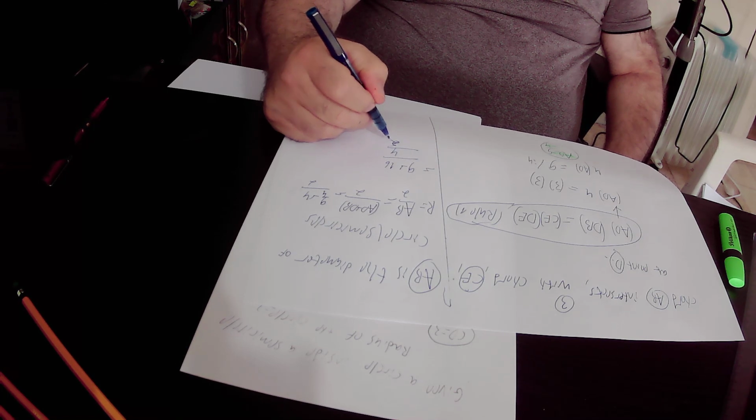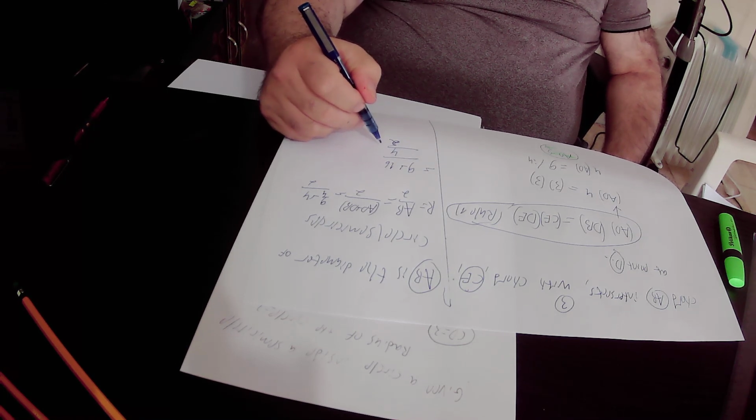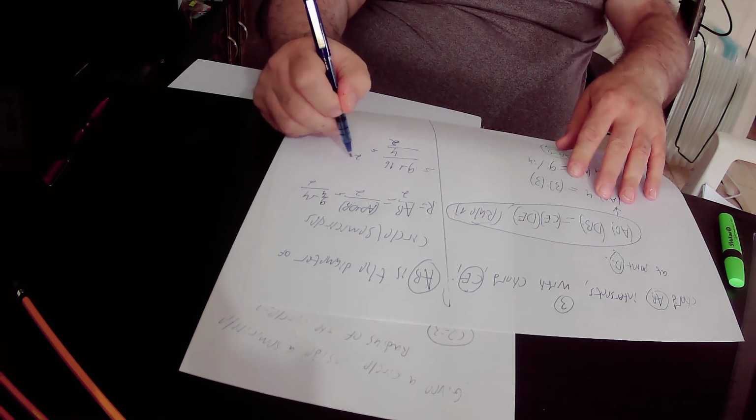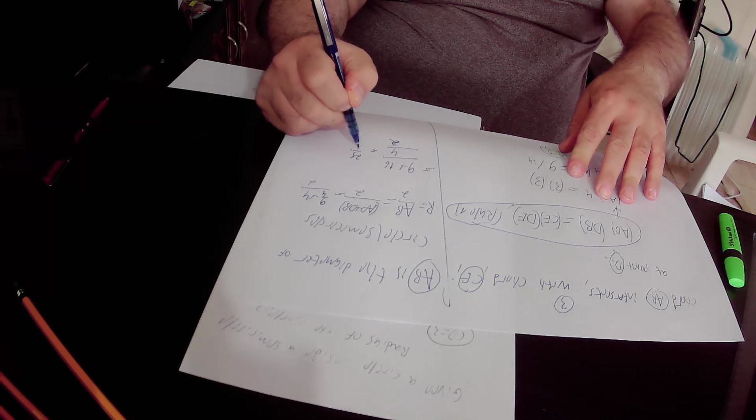16 plus 9 is 25. We have to divide it by 4 and also by 2.